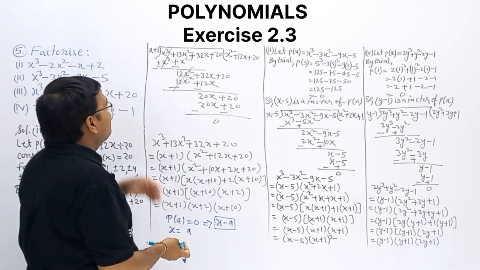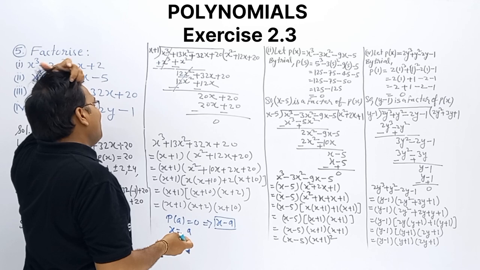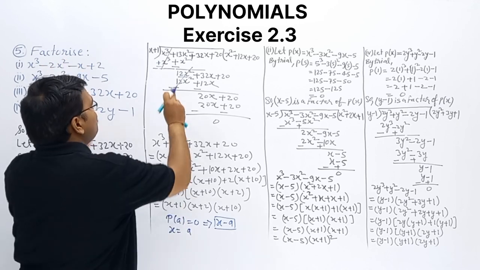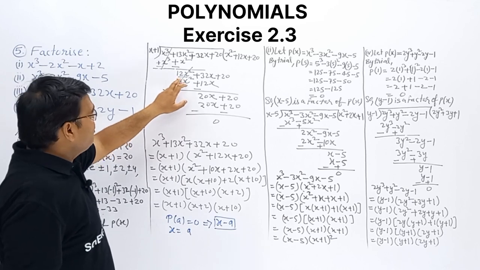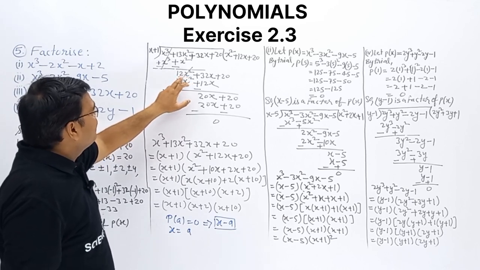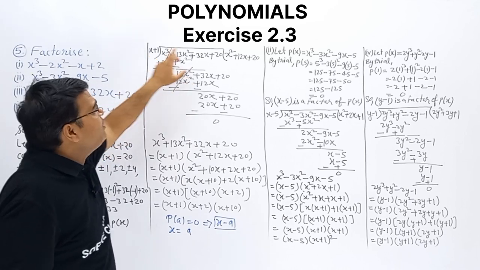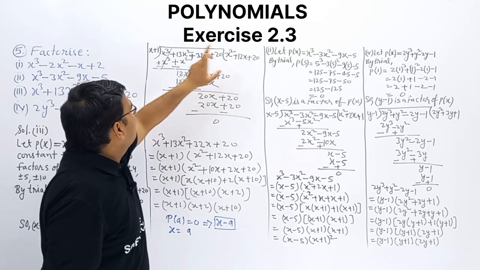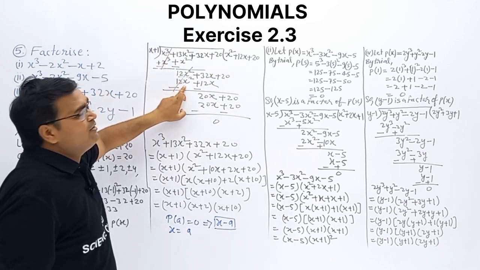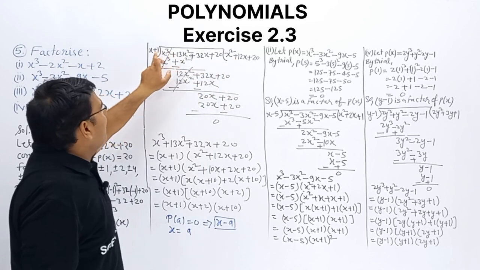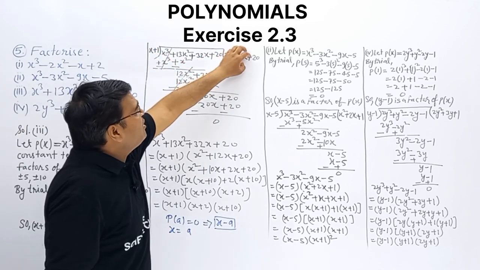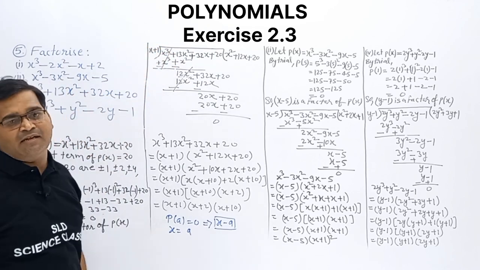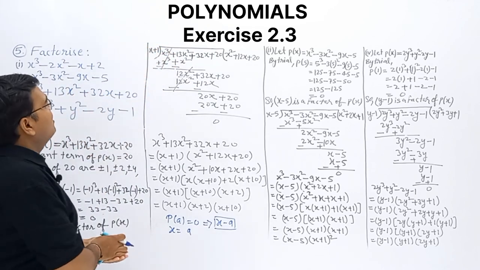Now there is a 12x square. We want 12x square, so this divisor will be multiplied by 12x. 12x into x will be 12x square. 12x into 1, the distributive law will be applied. We multiply 12x with this complete factor.